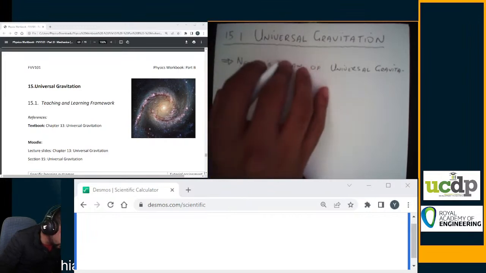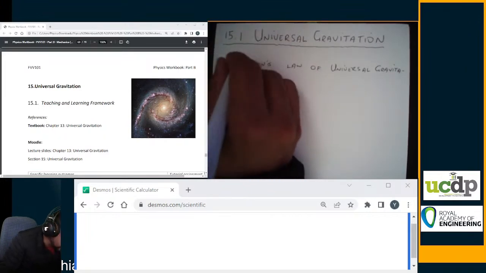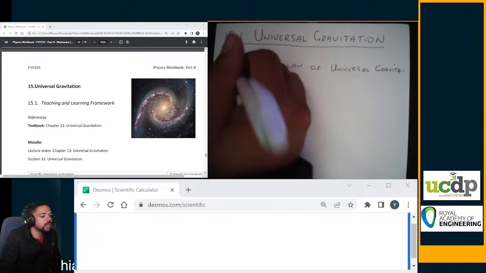Now, Newton's law of gravitation says the following: the gravitational force of attraction. Now, gravity can only be attractive.